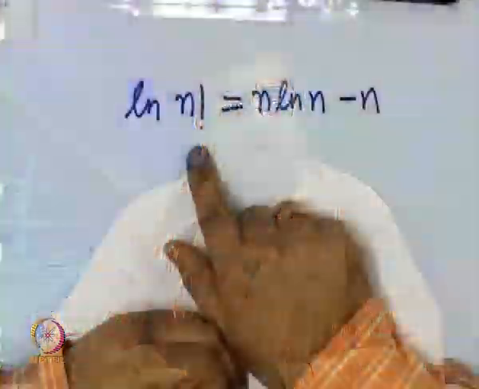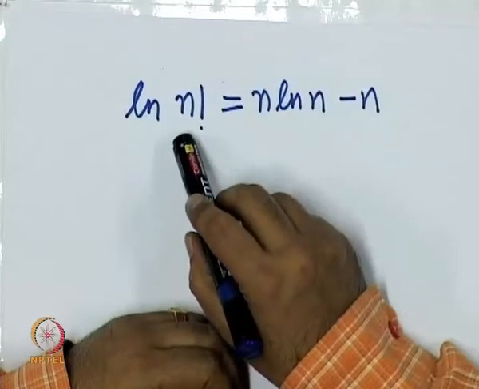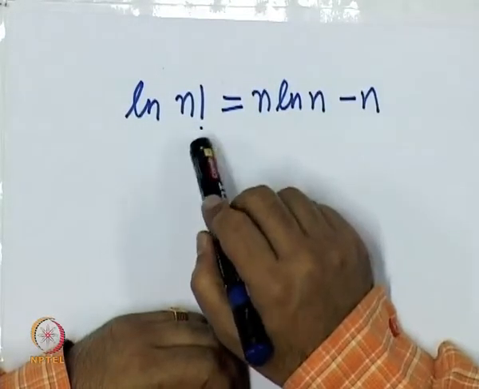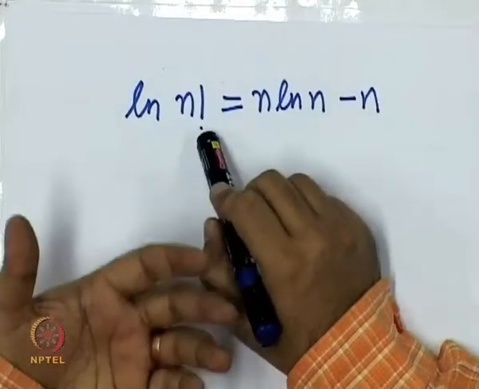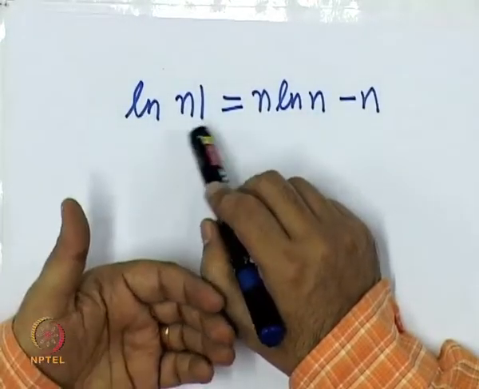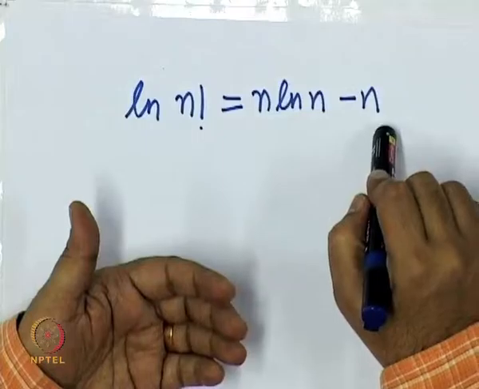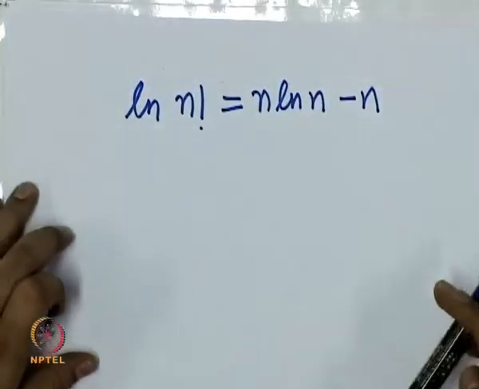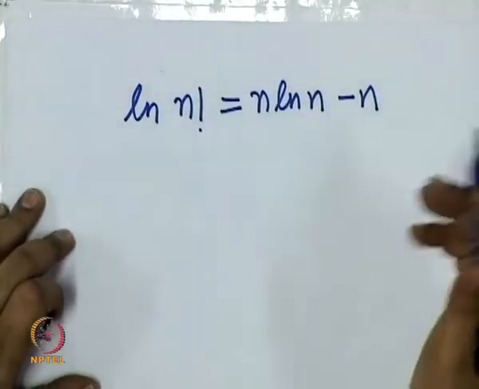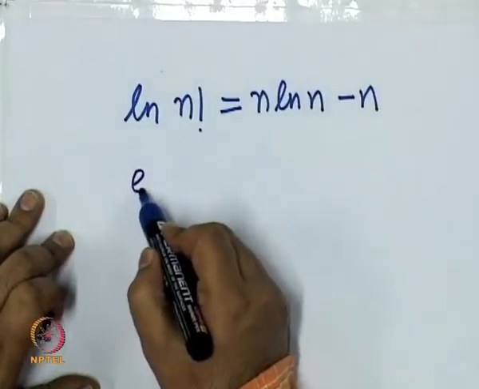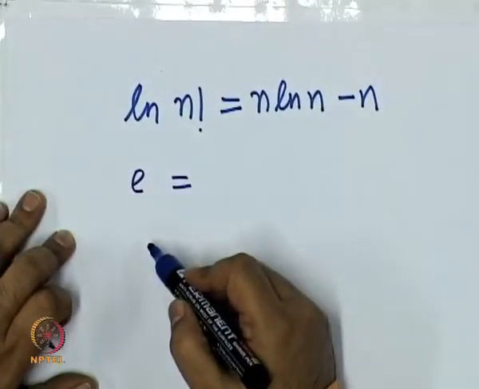For doing that, you need to know what the factorial is. You need to calculate 2 factorial, 3 factorial, 4 factorial, etc., up to 20 factorial, take the logarithm of that, and compare it with this number. The way I am going to compare is to define a quantity called error. It is a relative error.